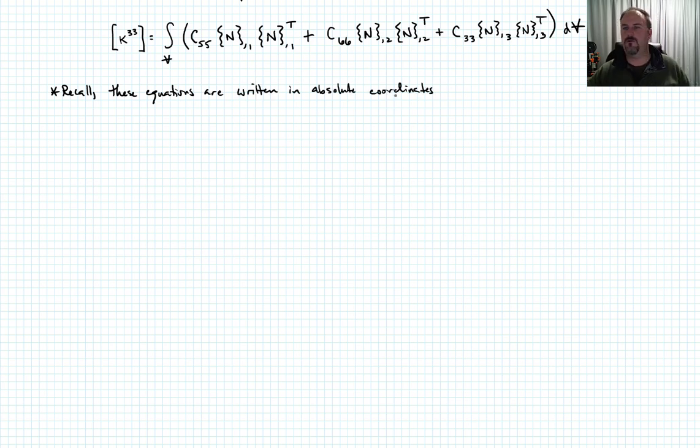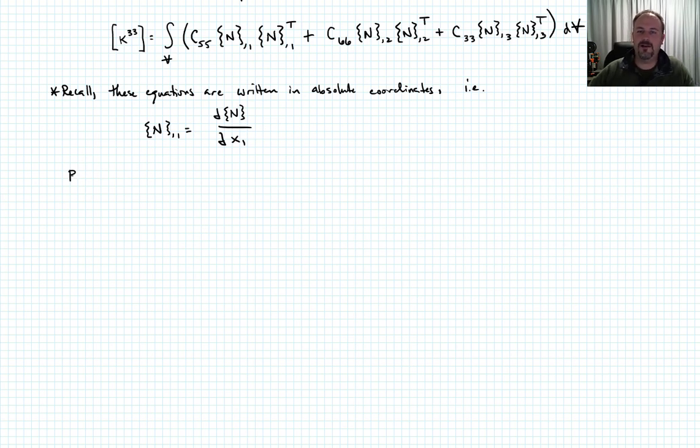Okay, so what does that mean? That means that when we write something like N comma 1, what we mean is the partial of N with respect to x1. Okay?